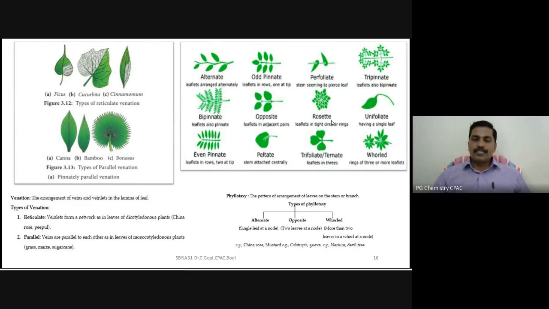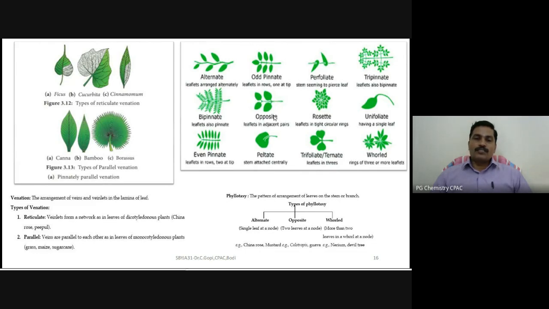So when you see the Acalypha indica, the arrangement of leaves is like a rosette. You can find all leaves on the top side of the plant, even young leaves at the tip and older leaves at the bottom. So one can see all leaves on top of the plant of Acalypha. That is rosette formation.